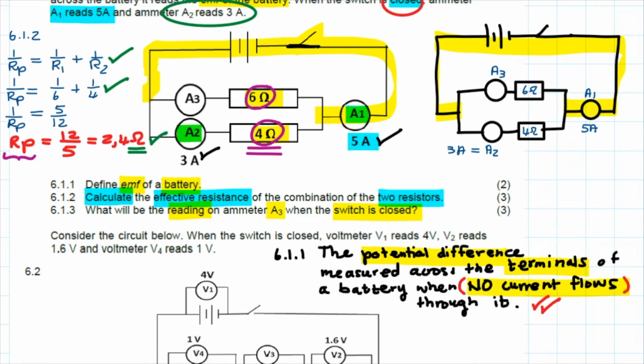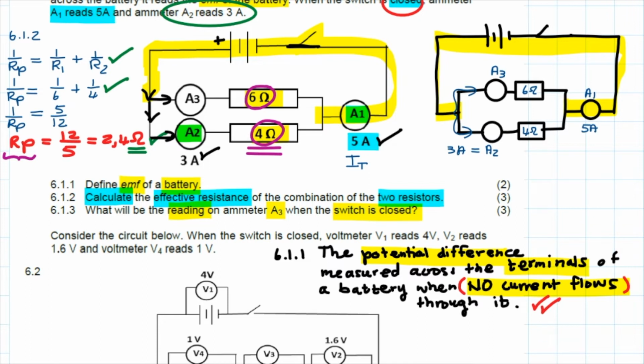So what that means, grade 10s, is that A1 is giving us the total current. Then what happens is that the current divides. So this is the positive terminal. The current is going to split up. Some of it will go this way, and the rest of it will go that way. Or in the case on the right-hand side, some will go this way, and some will go that way through A3 and A2.